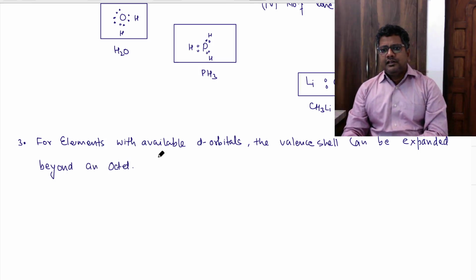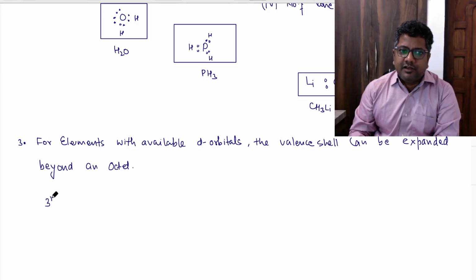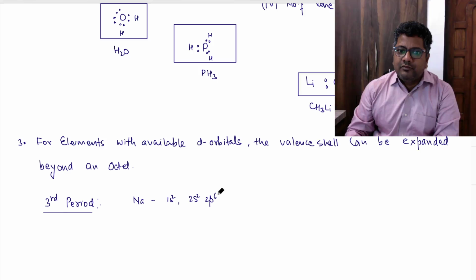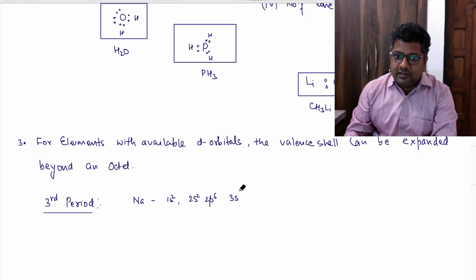See the availability of d orbitals: if you see the third period of the periodic table, the third period starts from sodium. So sodium is 1s2, 2s2, 2p6, 3s1, 3p0, 3d0.